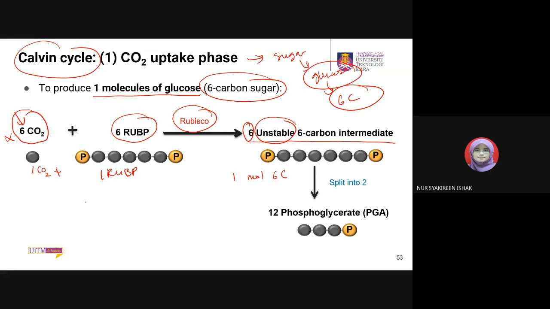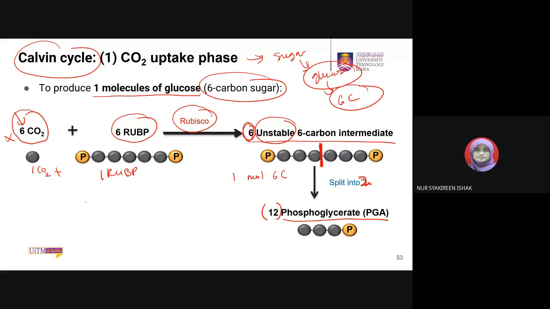So maksudnya semuanya awak kena kalikan dengan 6. Tapi bila dah hasilkan 6-carbon intermediate ni, dia akan split jadi 2. So bila dia split jadi 2, produk yang terhasil adalah 12 molekul phosphoglycerate. 6 tadi darab 2 sebab dia split jadi 2.